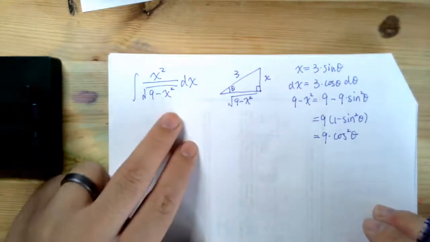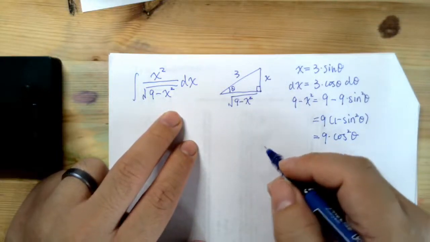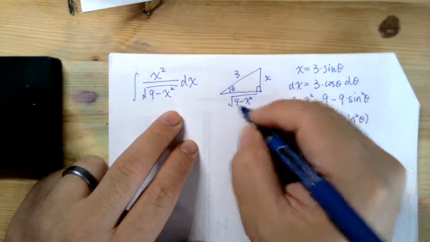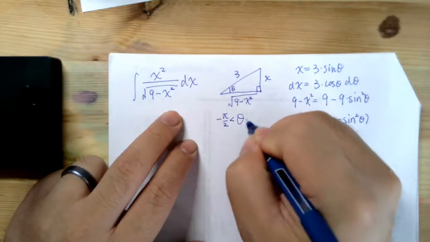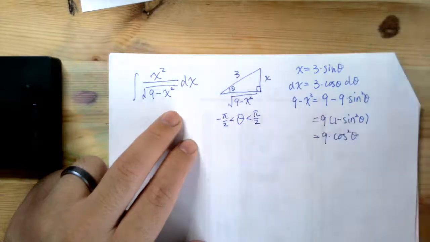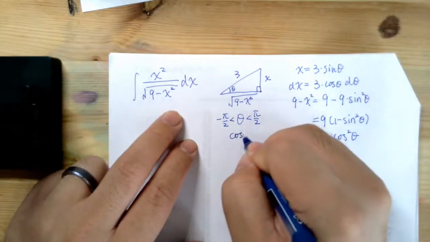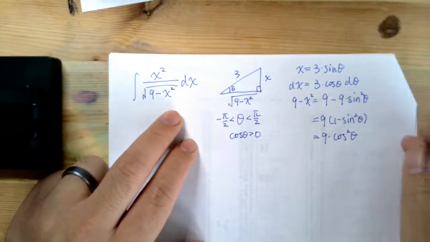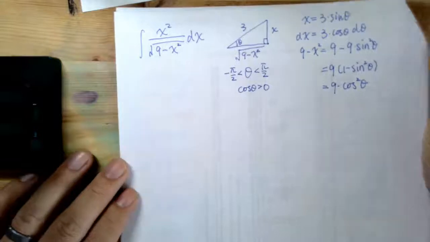As we mentioned in the trig substitution video, when we have this type, theta belongs to negative pi over 2 to pi over 2. Okay. So that will also give us that cosine theta is greater than 0. With those, we can make our substitution.